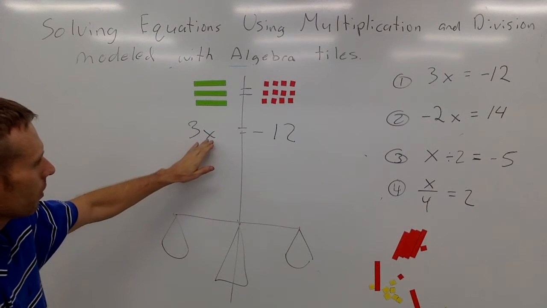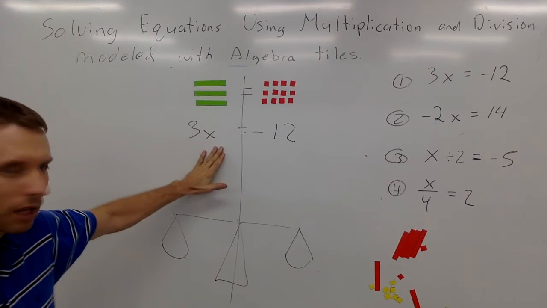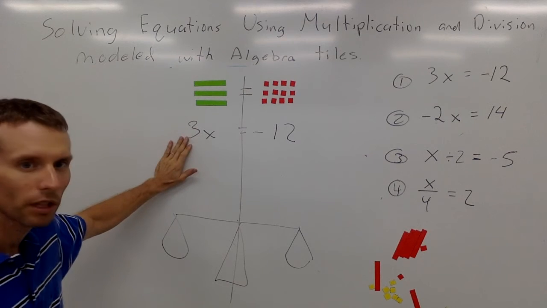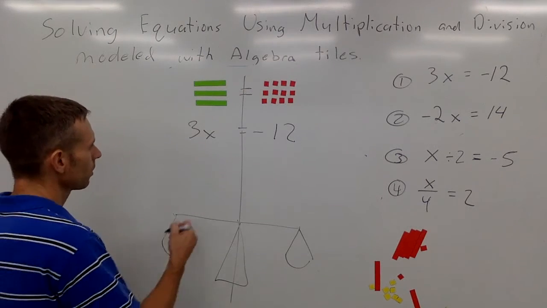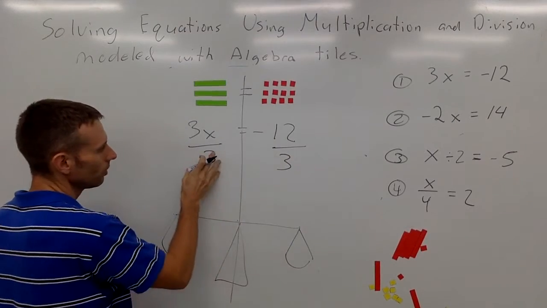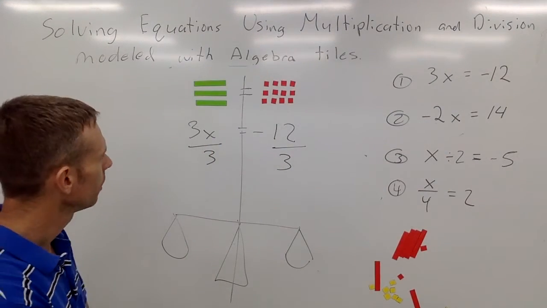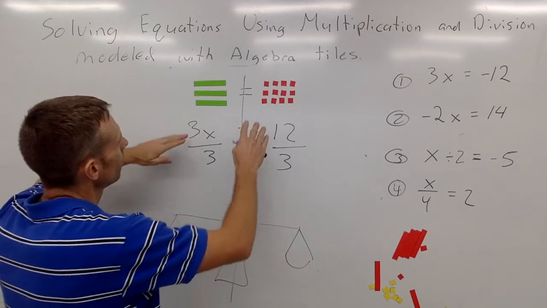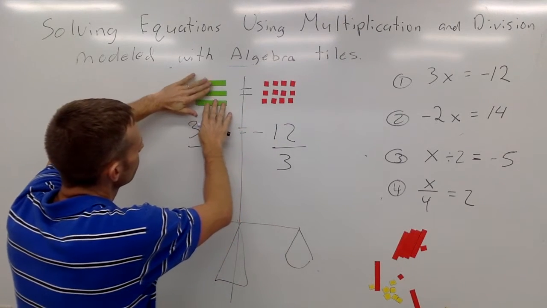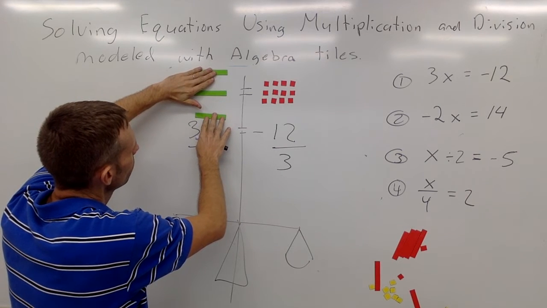So right now x is being multiplied by 3. So the inverse operation of multiplying times 3 is dividing by 3. And if I do it to the left side, I'm going to do it to the right side. So when 3x gets divided by 3, we have 3 parts here.